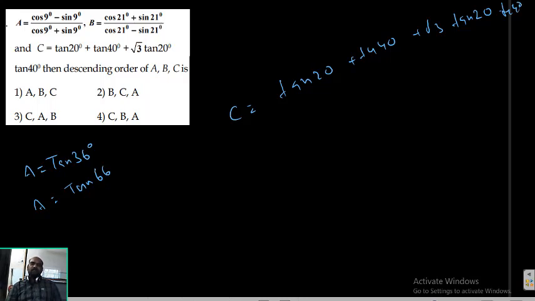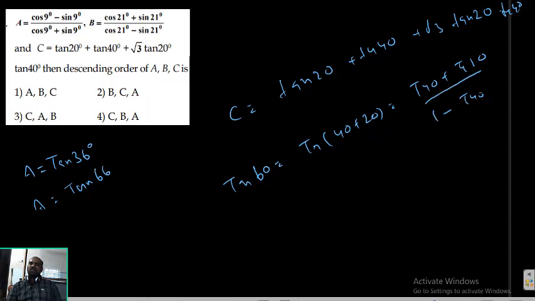See. What do I want to do? Tan 60 equal to tan 40 plus 20 equal to tan 40 plus tan 20 by 1 minus tan 40 into tan 20. That is root 3 equal to tan 40 plus tan 20 by 1 minus tan 40 into tan 20.